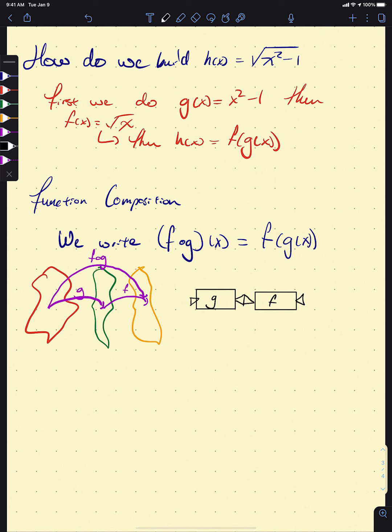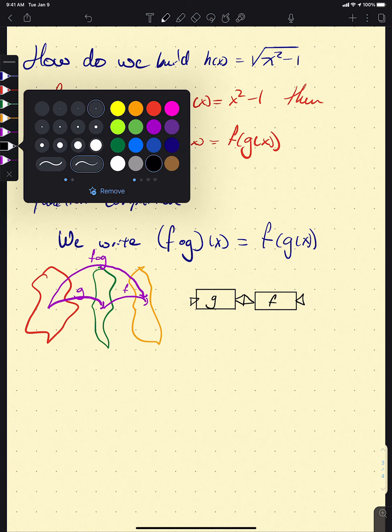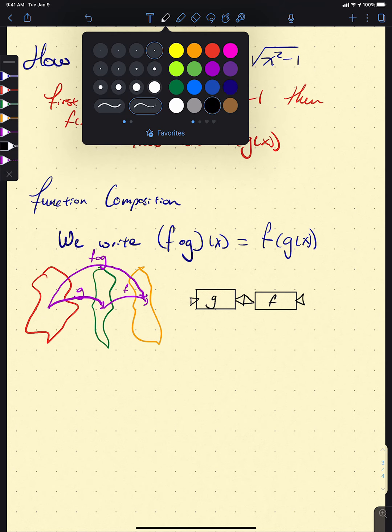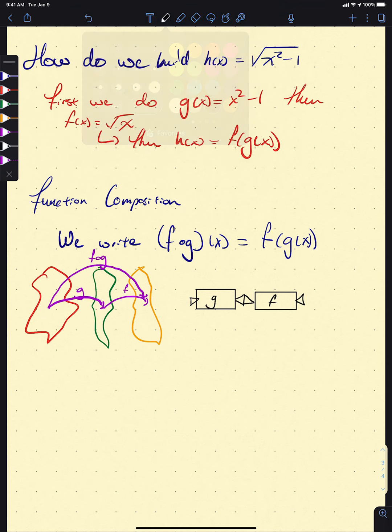So what you're doing is first you're doing G, and then you're immediately feeding your result into F. And then I guess you would call this whole machine F circle G, because you're doing G and then F, your initial input comes in here and your output goes out right there.